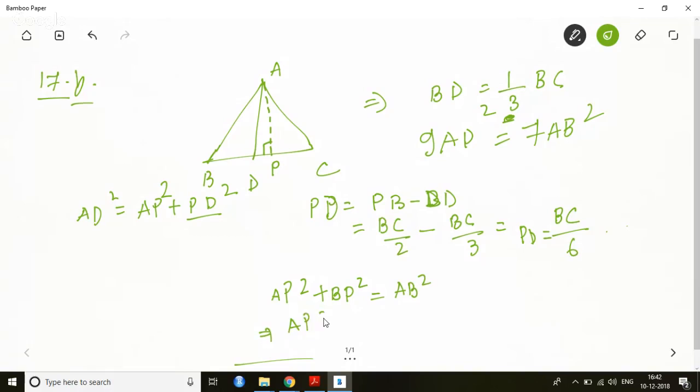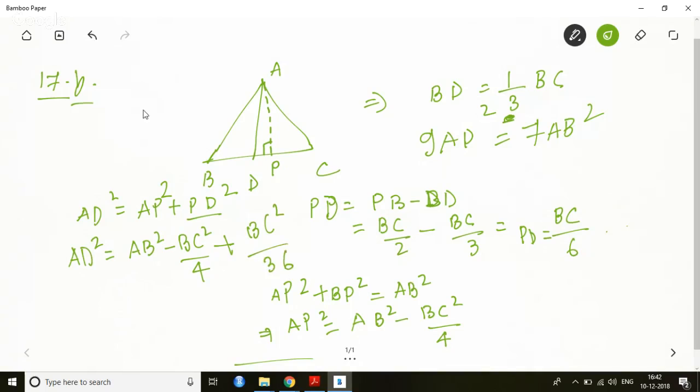So AP square is equal to AB square minus BC square by 4. So that is how it is. So you see here, AD square will be equal to AP square, which is AB square minus BC square by 4, and here I am getting PD square, plus BC square by 36.